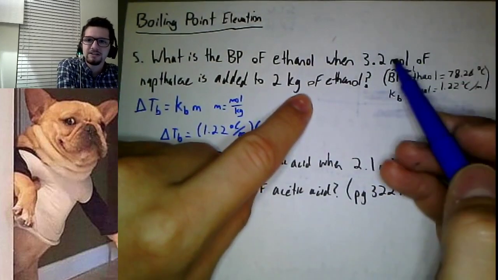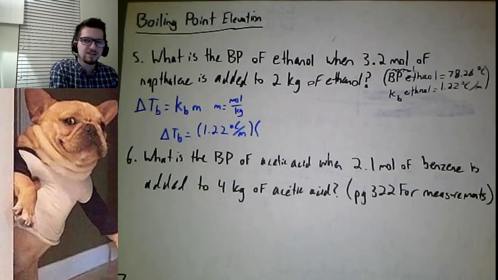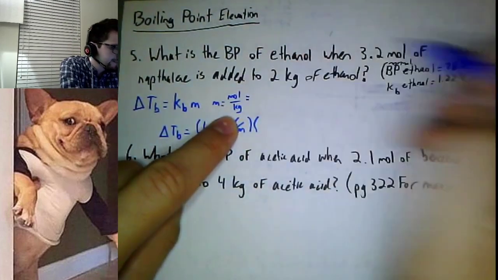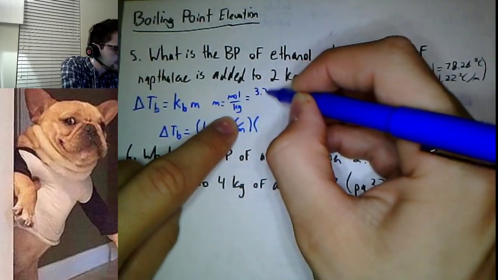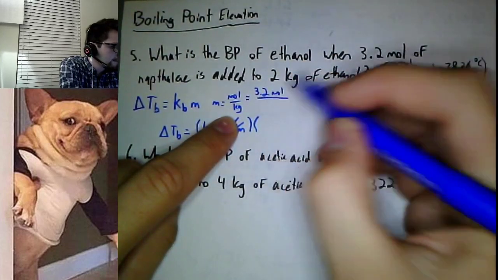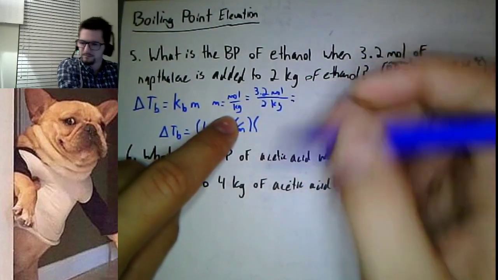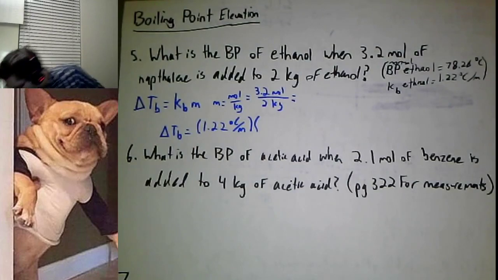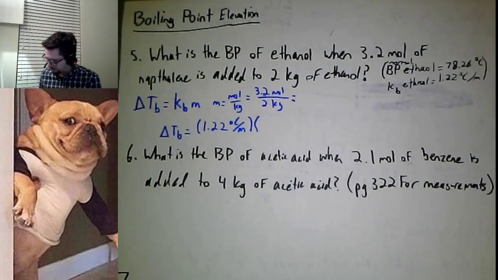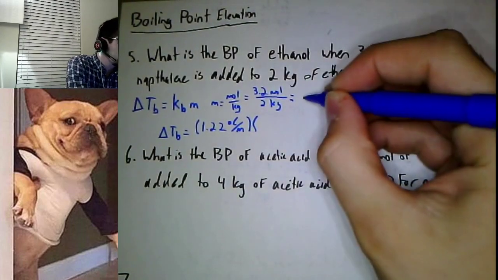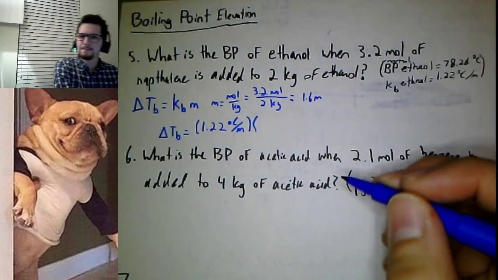So I have moles and kilograms in this equation, so it looks like I can just plug those in. Molality equals moles per kilogram, so that would be 3.2 moles per 2 kilograms. And if I were to simplify 3.2 over 2, I should have done this in advance, but I didn't, that would give me 1.6 m.